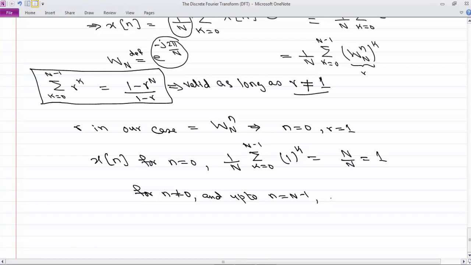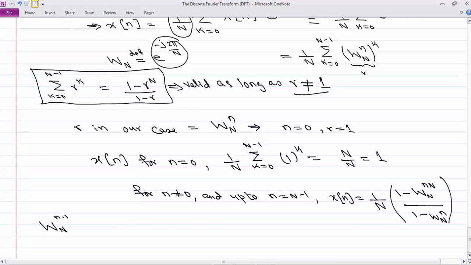So in that case, I can use the geometric sum and I get x[n] equal to 1 over N times the geometric sum, which is 1 minus W_N to the little n, to the N, over 1 minus W_N to the little n. So what is W_N to the n times capital N? That's e to the minus j 2 pi.